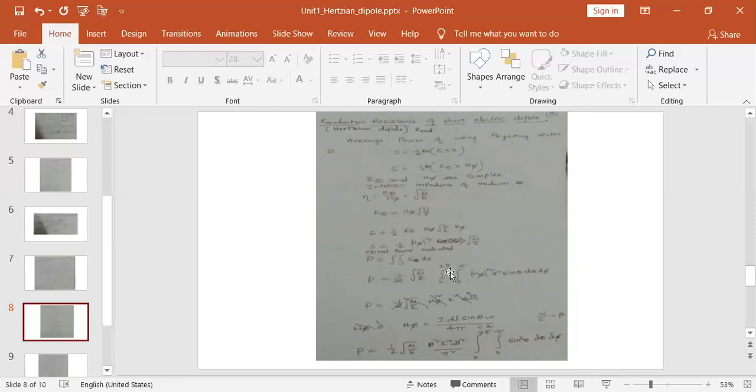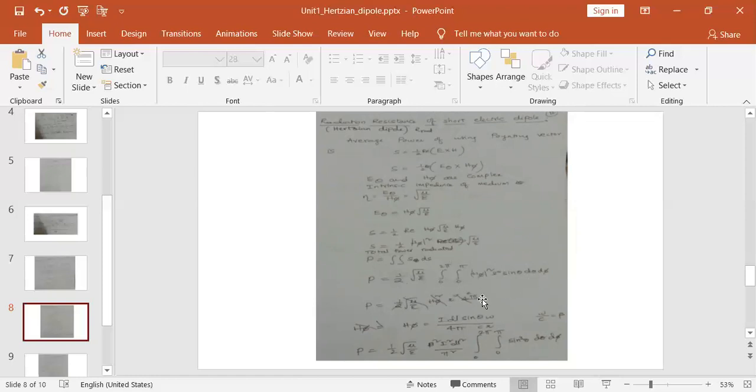For total power, we have to integrate the radiated power in terms of the theta direction and phi direction. We substitute S here and write ds. So that is 1 by 2 into root of mu by epsilon, this total term is H phi square, into ds. ds is r square sin theta d theta d phi.